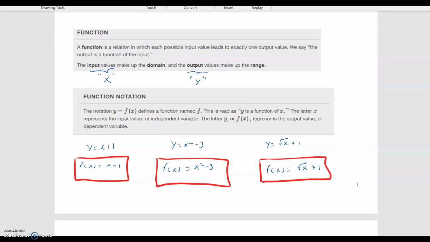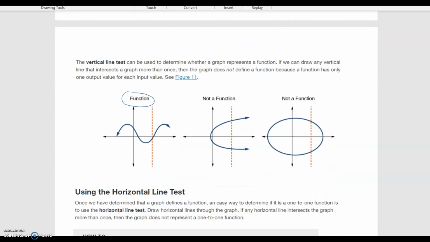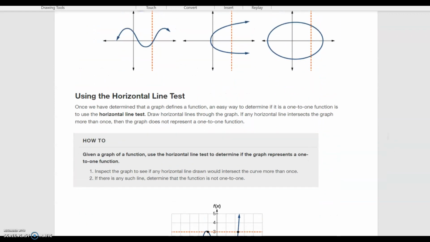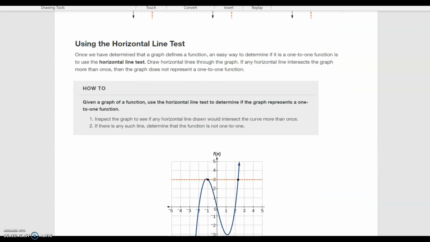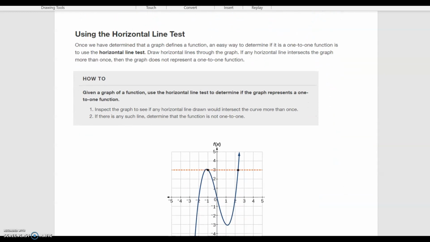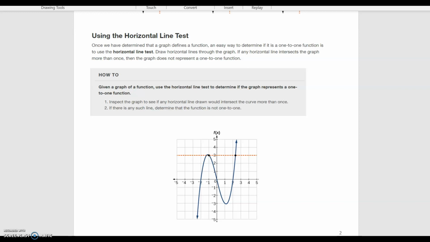The last topic that we're going to talk about here is if you were to flip your x's and your y's, and the idea of a horizontal line test. So the topic of the horizontal line test deals with inverses, but that's a topic that comes up later.